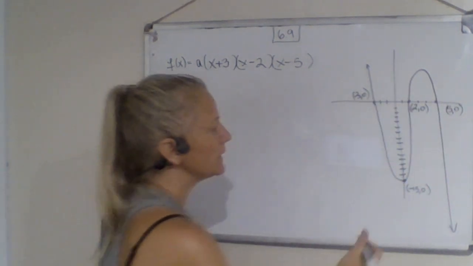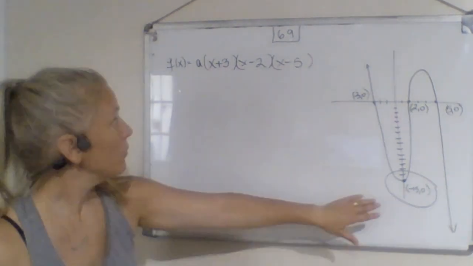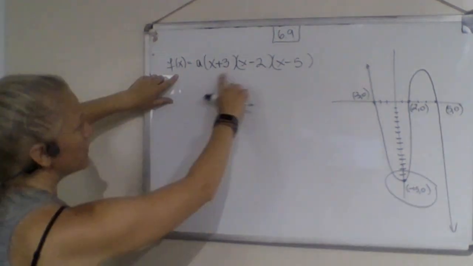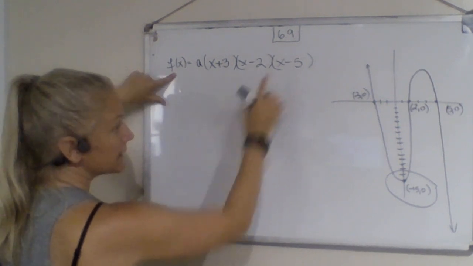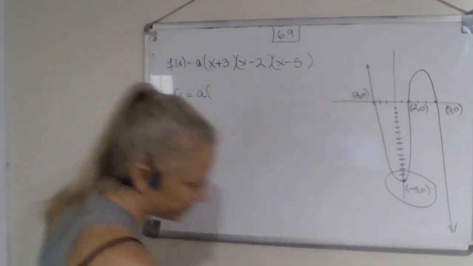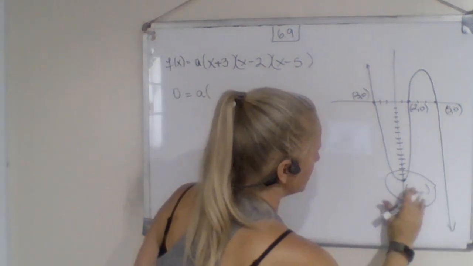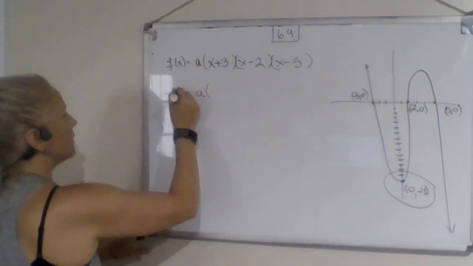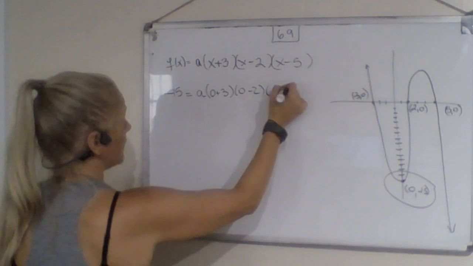Well, if you notice, they give us an extra point. They give us 0 and negative 15, which means when x is 0, y is negative 15. I can plug them in here, negative 15 for y and 0 for x, and get my a out. I wrote this badly at first, this is 0 and negative 15. So negative 15 equals a times (0 plus 3)(0 minus 2)(0 minus 5).